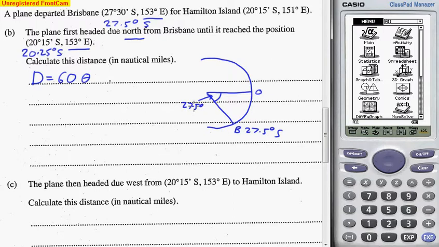The place we're going to is 20.25 degrees south, so that will be over here. That means the angle in here is 20.25 degrees, and we have to find the angle in between them, because that's the angle that we have moved through in this plane.